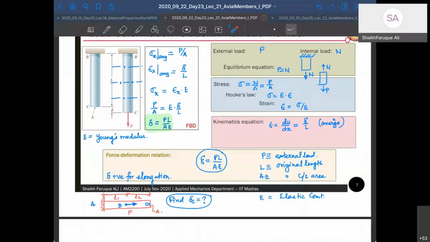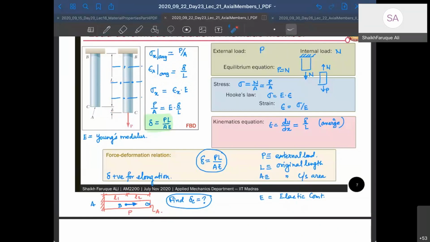Sigma x average is P by A, epsilon x is delta by L, right? And therefore sigma x, by constitutive relationship, you can write sigma is equal to epsilon into E, and you can combine these two, finally you get delta equal to PL by AE. Remember this formula, PL by AE, okay? This is a very nice formula, it will be useful. E is the Young's modulus of the material with which the member is made.